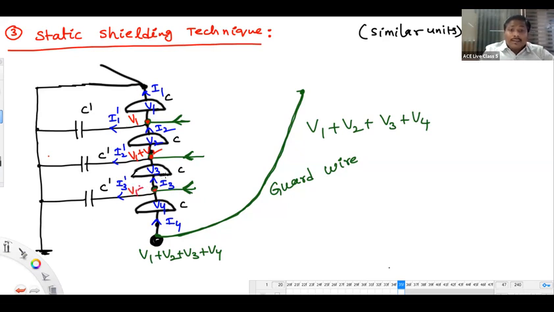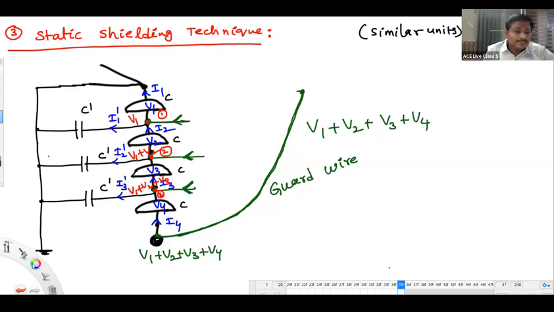So you observe now, there is a potential gap formation between each metal link and the guard wire. Because of that potential gap, there will be some capacitance formation. Yes or no? That capacitance will carry the current which will be injected into the metal link, cancelling what we call the existing shunt capacitance charging current.